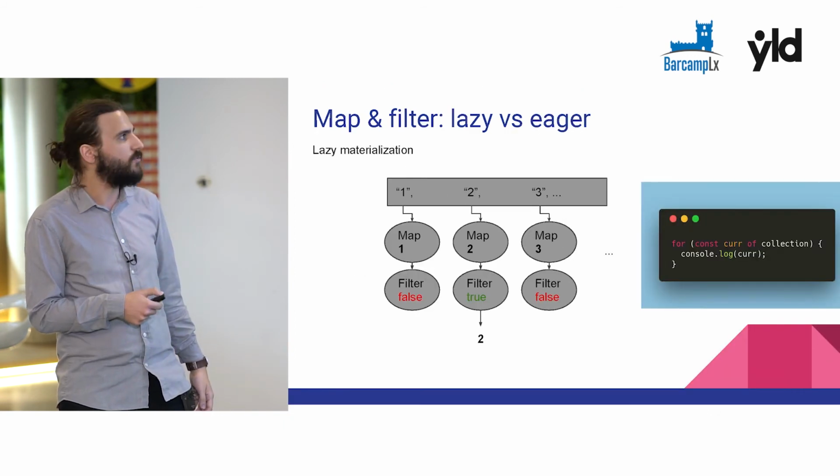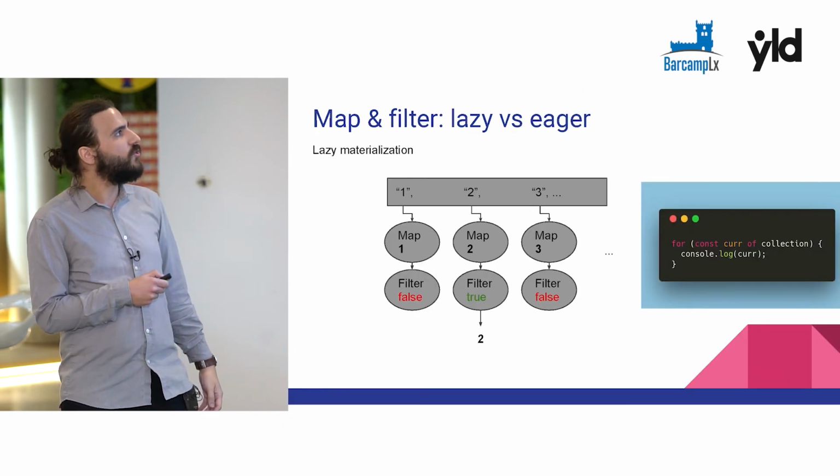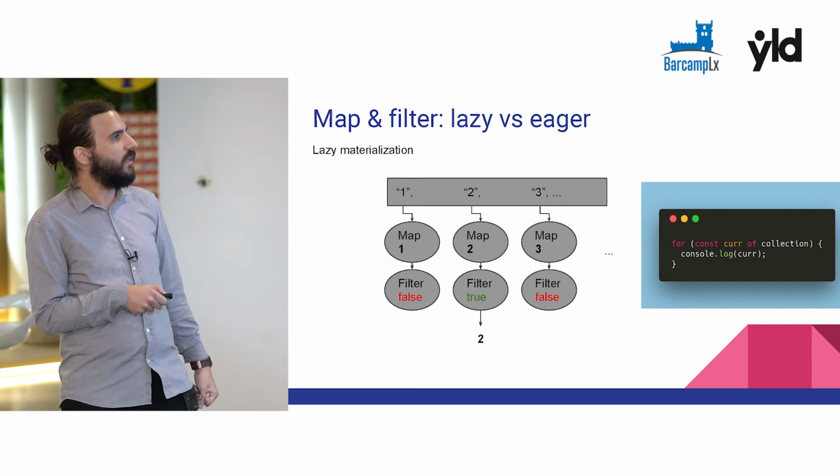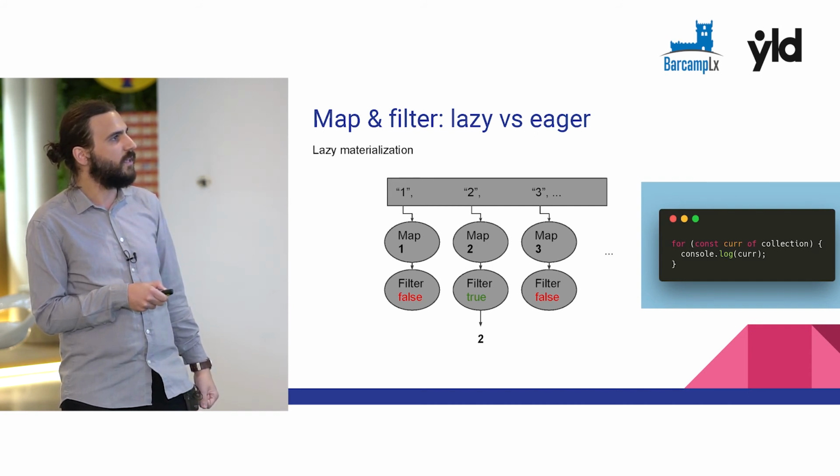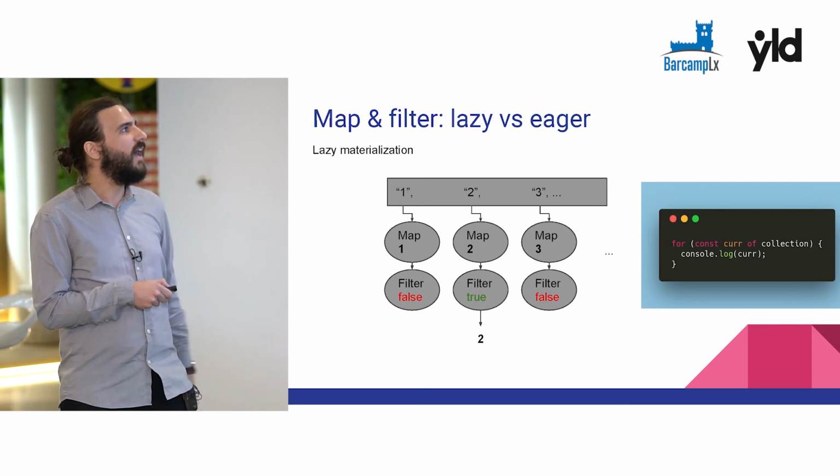This is what happens when you materialize with a lazy collection. So let's see, you're starting your iteration, you're going through the first value, you do the map function, you transform one string to 1, then you filter, it's false because we're only checking for even numbers in the example.